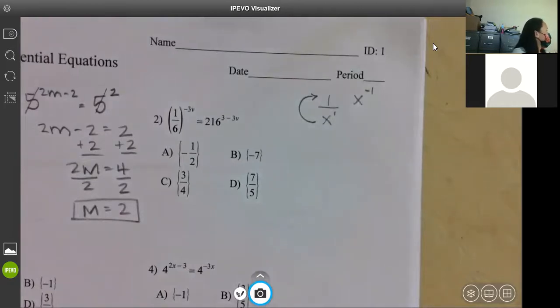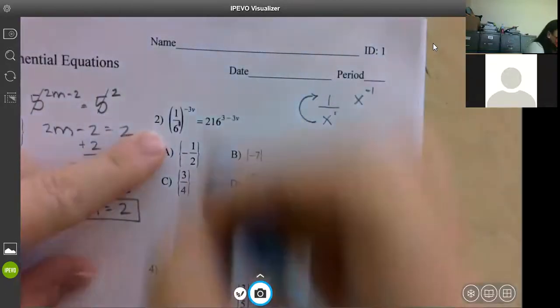What can I write 216 as? Can I write 6 as any other base at all? No. So what do you think the base could possibly be? 6. So try 6. 6 to the third. Is everybody good?